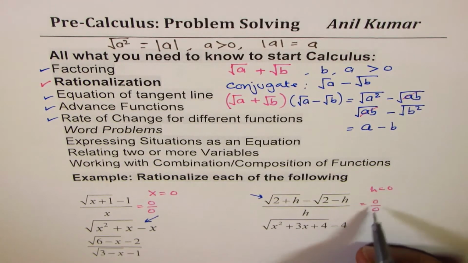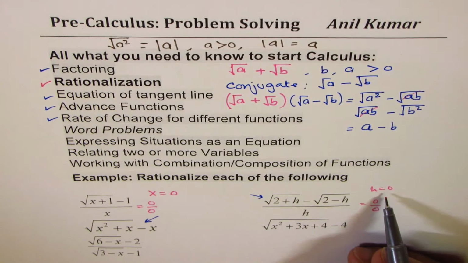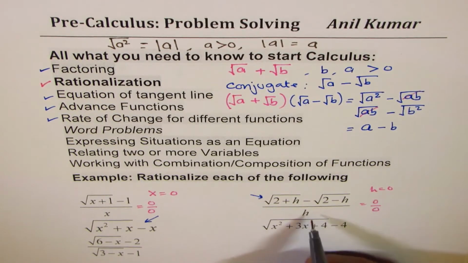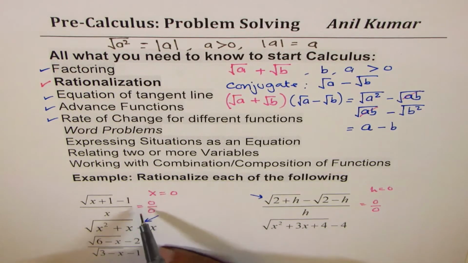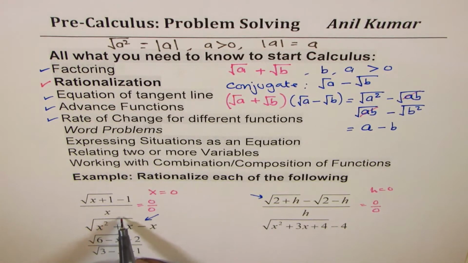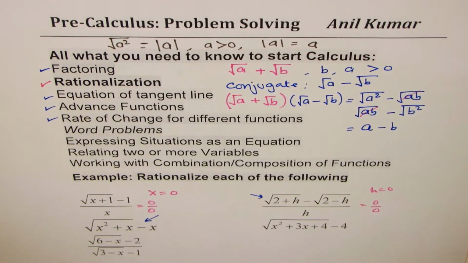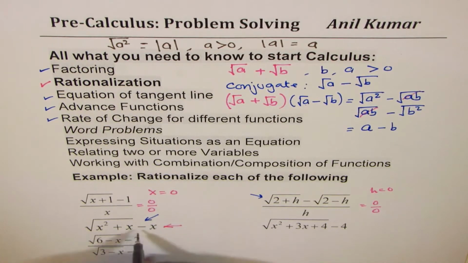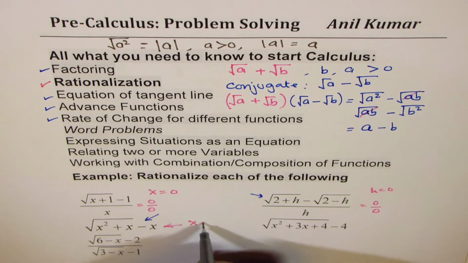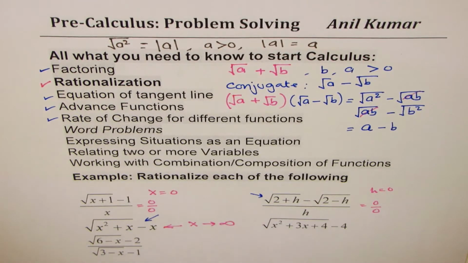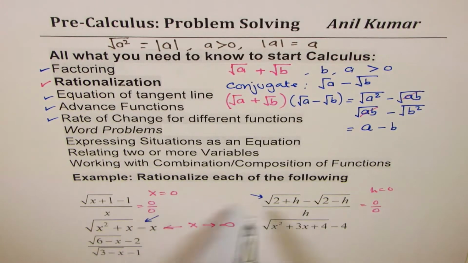So for all such expressions which are not really defined for a value, we don't know what really happens when we approach 0. By rationalizing these expressions, we will know exactly where we are approaching. That's the whole idea, right? And when we have expressions like these, then we'll be talking about x approaching a large value, an infinitely large value. So at times we rationalize numerators, as we'll do for all these examples.